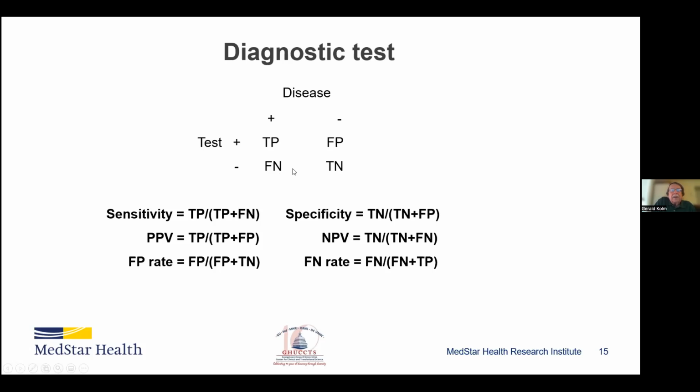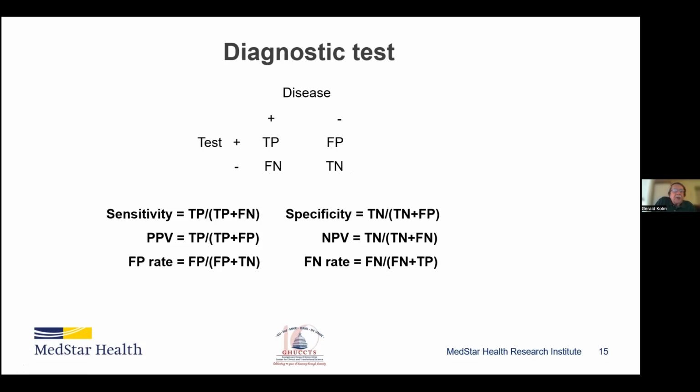Our negative predictive value is in relationship to those who test negative on the test. And so the negative predictive value is if we test negative, are they truly negative, or are they false negatives? So the negative predictive value is defined by the number of true negatives divided by the sum of true negatives plus the false negatives.